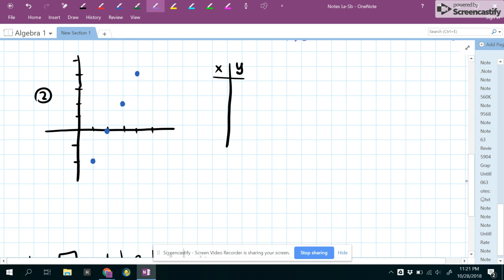Let's look at this example for a moment. You could, hopefully, pick these points off of the graph and stick them on that table. Please take a moment to do so.